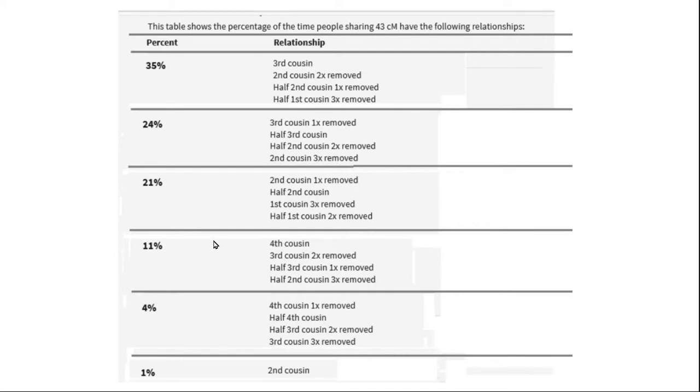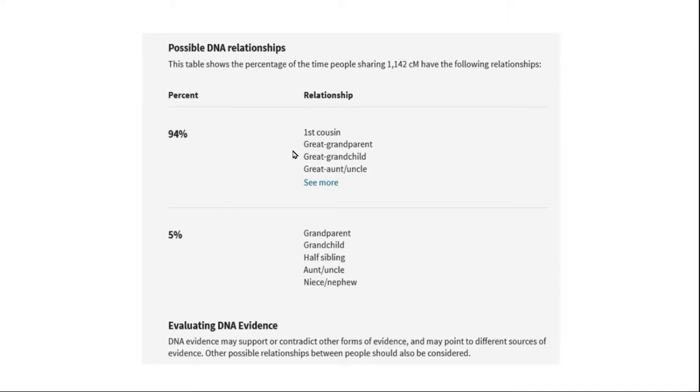On the other hand, here's what the possibilities show on a first cousin. 94% accuracy. 94% of these people are going to have this two-step relationship. 5% will have a different relationship.